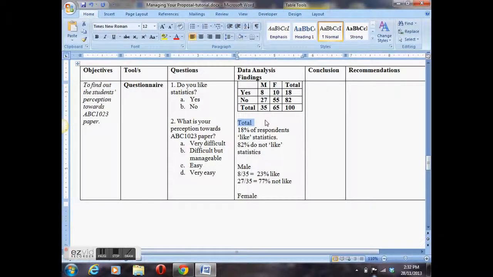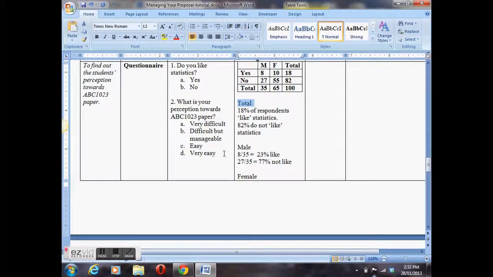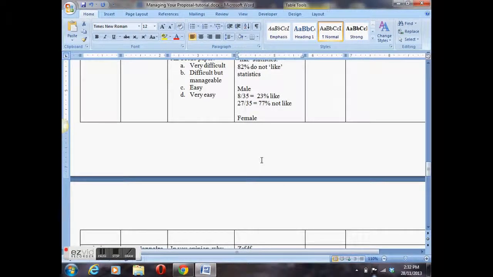For example, if male do not like it at a very high rate, and for female those who tick no are fewer, but the number of males is bigger than females, then the male result will influence the overall result.